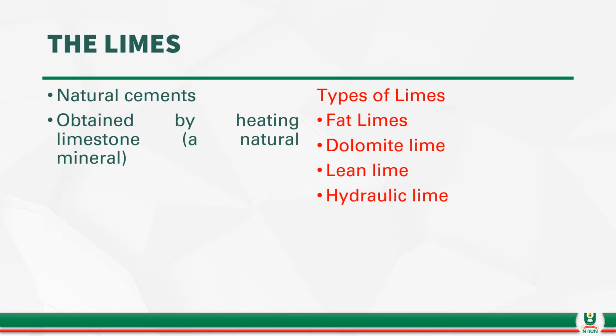But let's just talk briefly on the types of limes listed here. For the fat limes, they contain calcium oxide. The percentage of calcium oxide in fat limes is within the range of 95 to 98%, and that means that fat limes are almost in pure form, and they slake rapidly when brought in contact with water, resulting in the liberation of an enormous amount of heat.